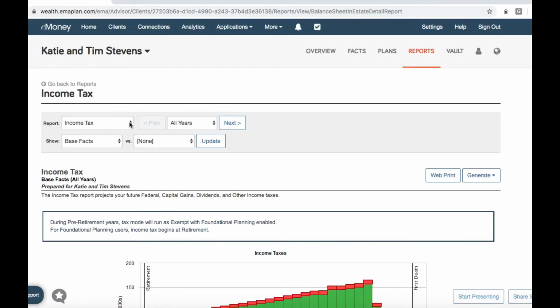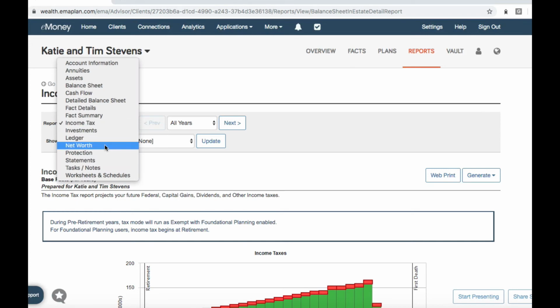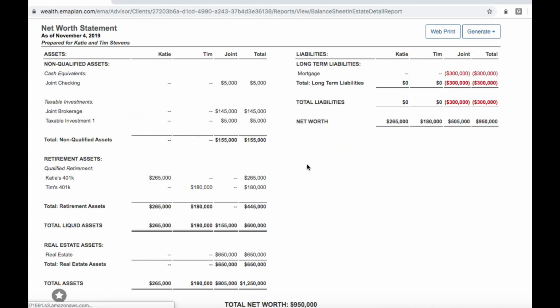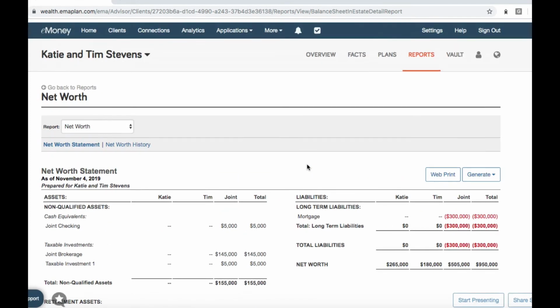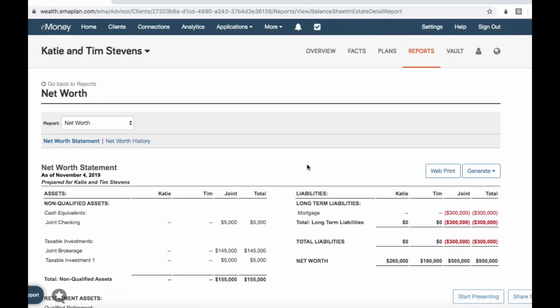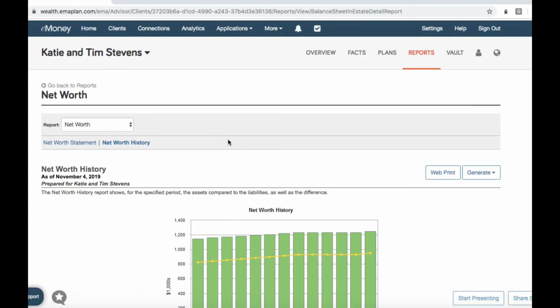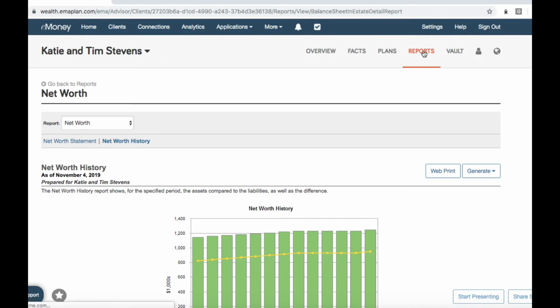You could say, what's my net worth? And you can see net worth history. So it just gives a lot of different information. Let's get back to reports.